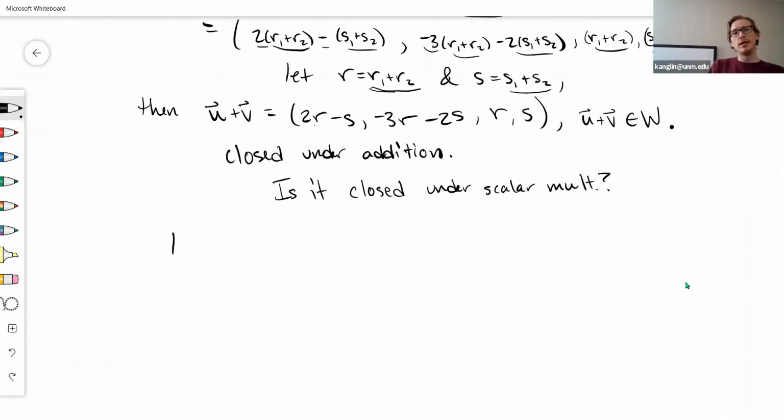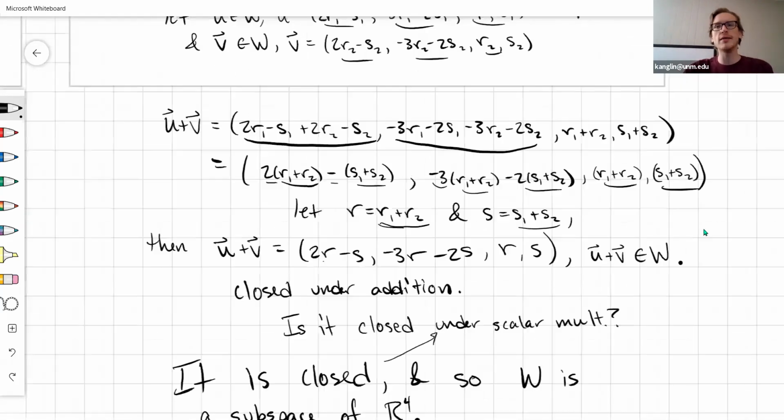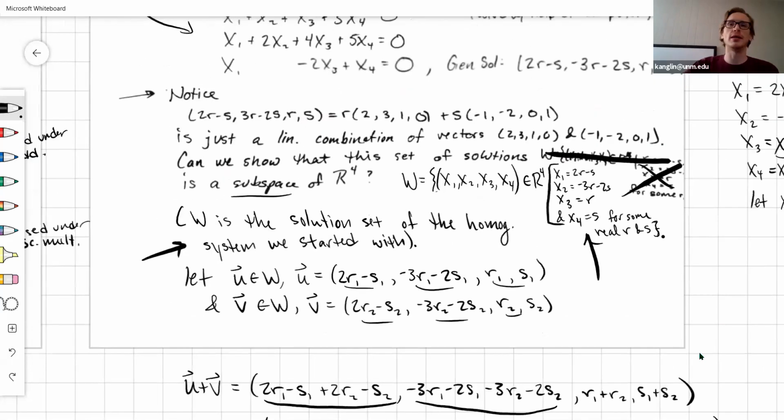You can show this. It is closed under scalar multiplication. And so W is a subspace of R4. It's a subspace of R4 because it's closed under addition and scalar multiplication. And it turns out this isn't at all a coincidence.